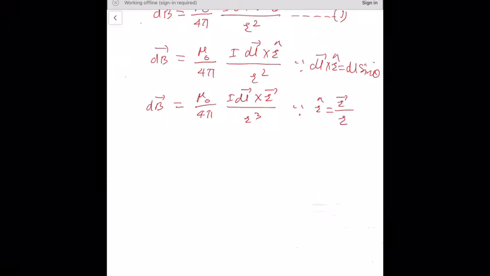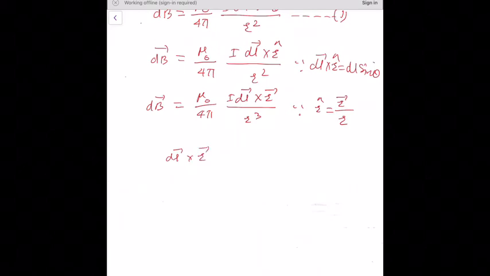Direction of dB is same as that of dl cross r vector, which can be determined by using the right hand thumb rule for the vector product.